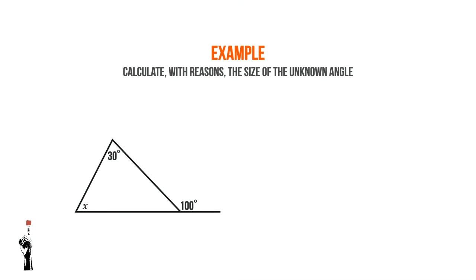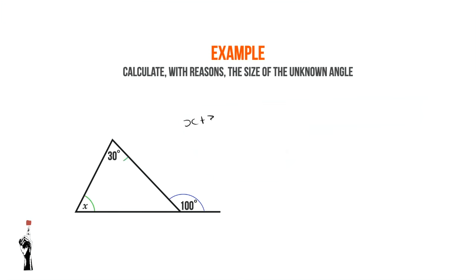Once again, calculate with reasons the size of the unknown angle. That is x. But x now is an interior angle. And I see that I have an exterior angle, this 100 degrees, because my side of my triangle is extended. Therefore, I know that my exterior angle will be equal to the sum of my two opposite interior angles.